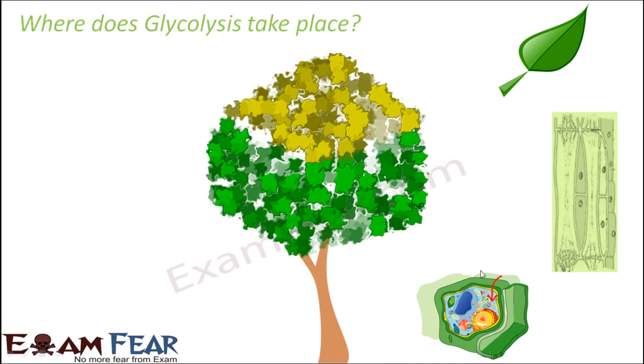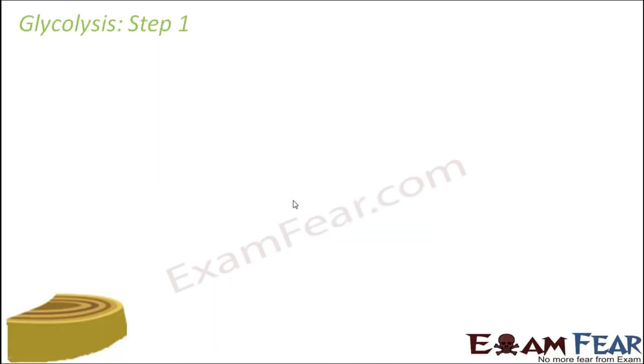That's why glycolysis will take place in the cytoplasm of the plant cells. This is the first breakdown of glucose, and this process will take place inside each and every cell of the plant.